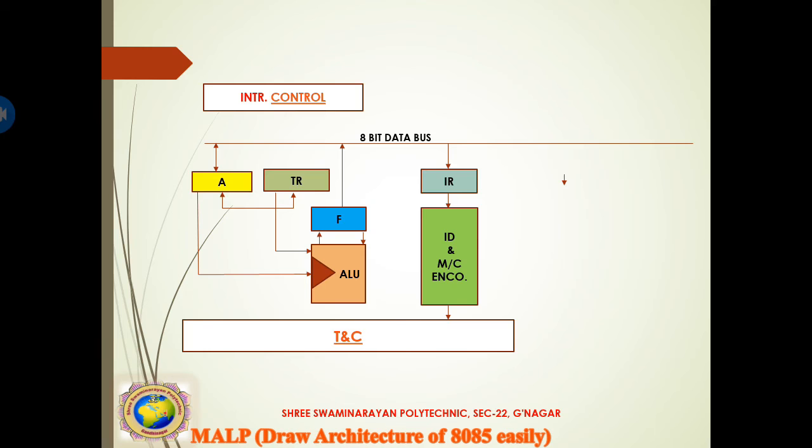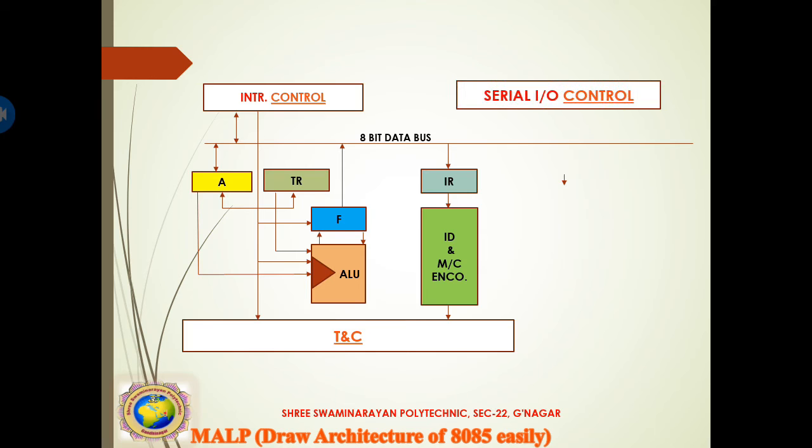And here is the interrupt control. The interrupt control is connected in bidirectional form with the 8-bit data bus. It is also connected with the timing and control signals by unidirectional. And this interrupt control signal is connected with the flag register as well as the ALU. This way we can connect the interrupt control.